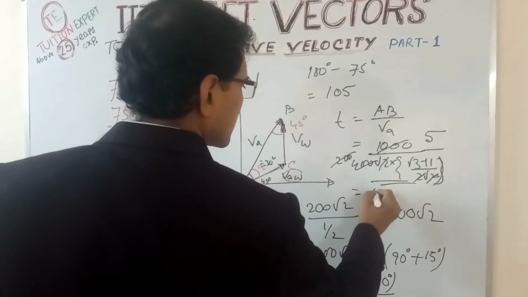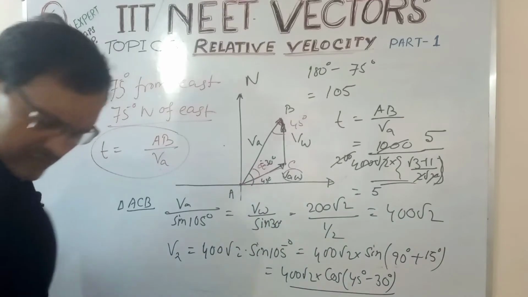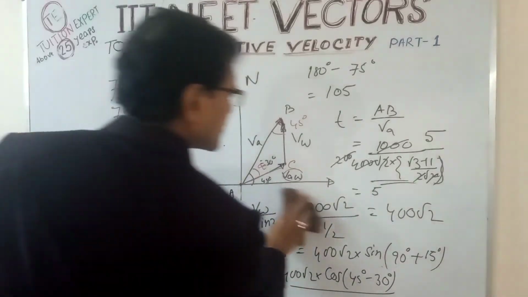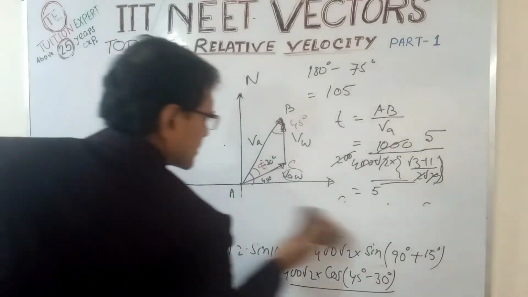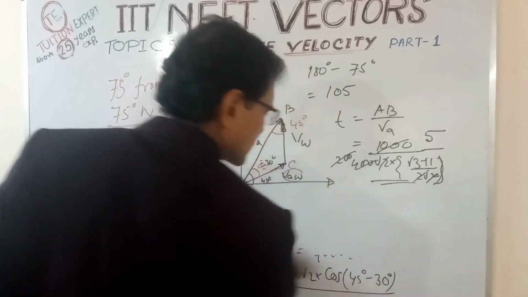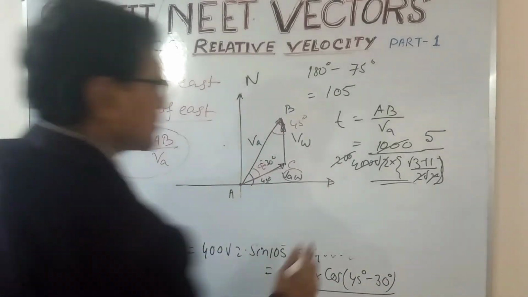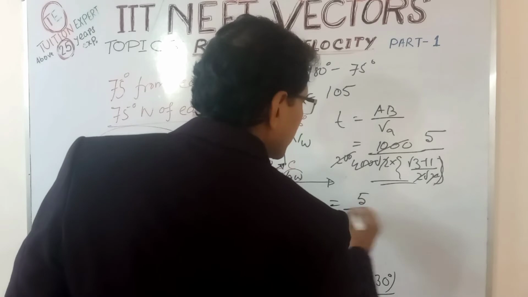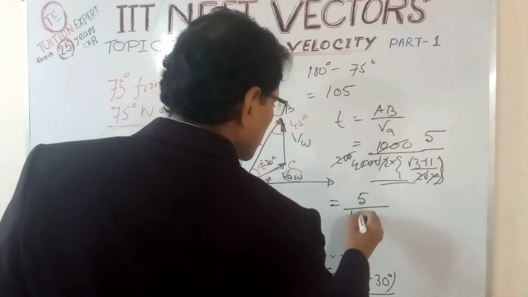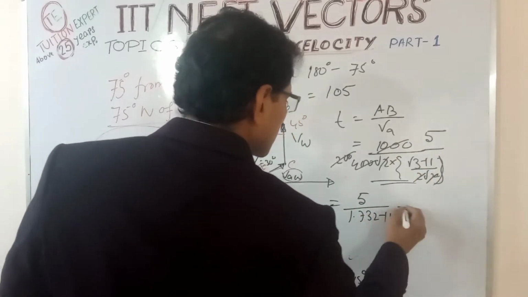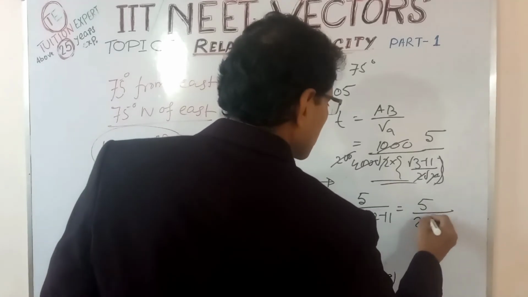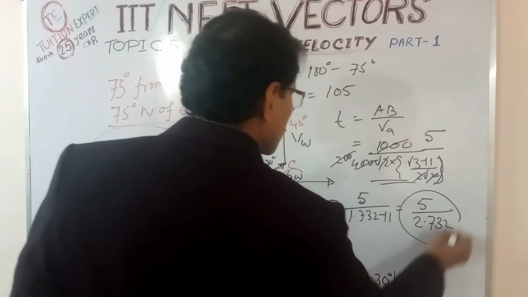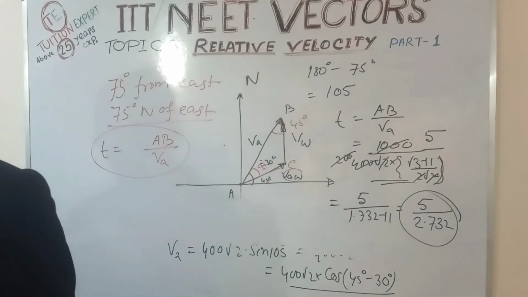So 5 by, this is 5 by root 3 plus 1. So this is the answer, time taken.